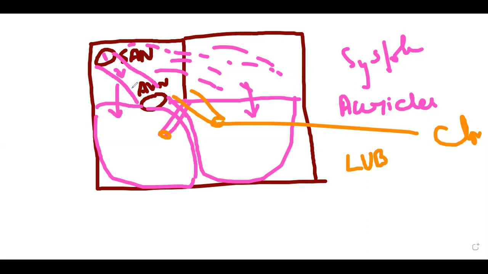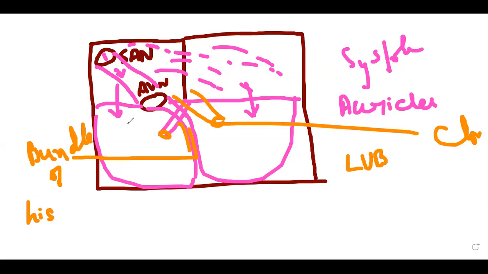Okay, so now SAN sends the signal to the AVN. From the AVN, the signal is transported to the bundle of His.